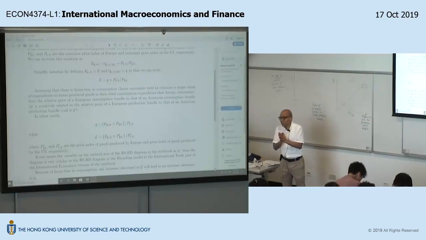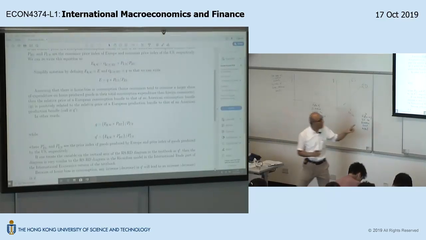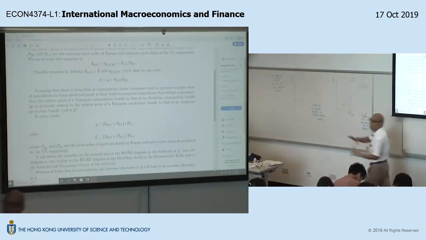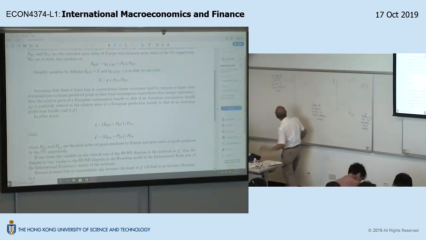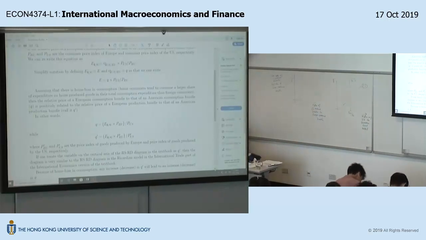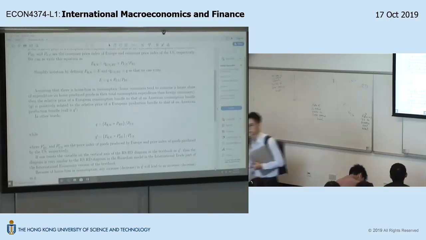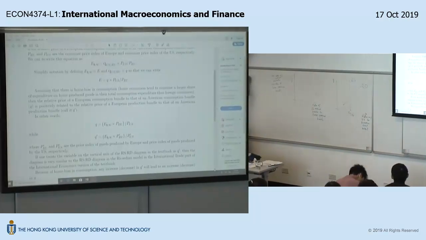Because of that, we say that Q and Q prime are positively correlated. So in some sense, if this is Q and this is Q prime, we say they tend to lie on a line like this, right?